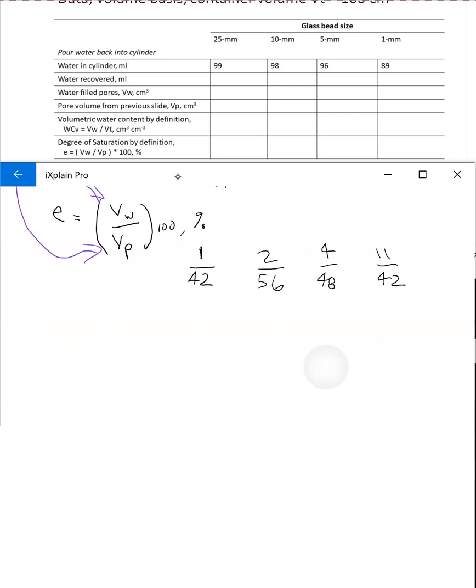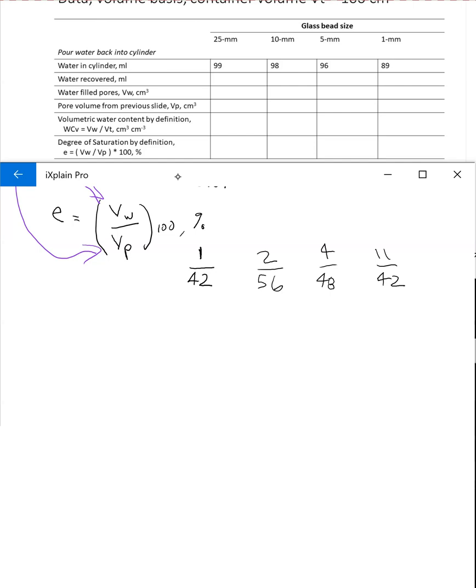At this point, it's time to use our calculators. We've got something that's on the order of 2.5% on the low end, up to a little bit more than 25% on the high end. That's a 28th, so that's going to be a little bit less than 2%, and then this one's going to be a little bit less, maybe around 8% or so.